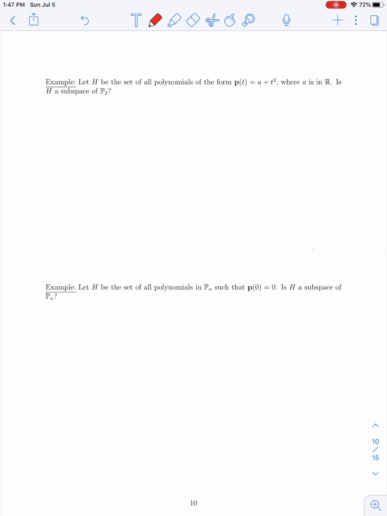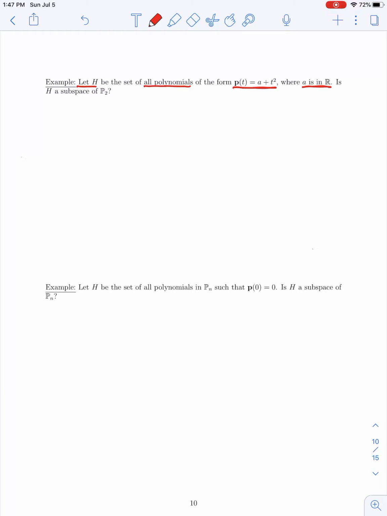All right. So in our next example, let's look at some spaces which are not quite as simple as R2 or R3. So in this next example, we're considering the set of polynomials of degree 2 or less, and we're told to let H be the set of all polynomials of the form p of t is equal to a plus t squared, where a is in R, so a is some real number.